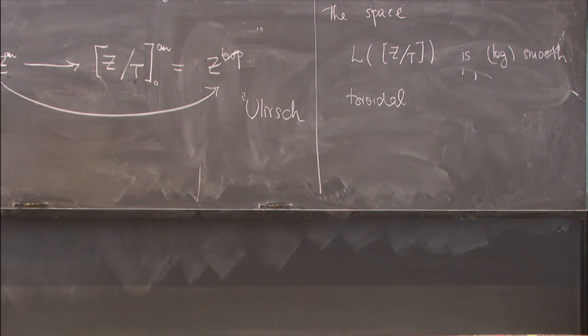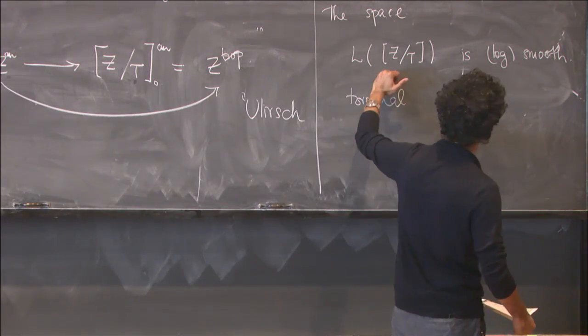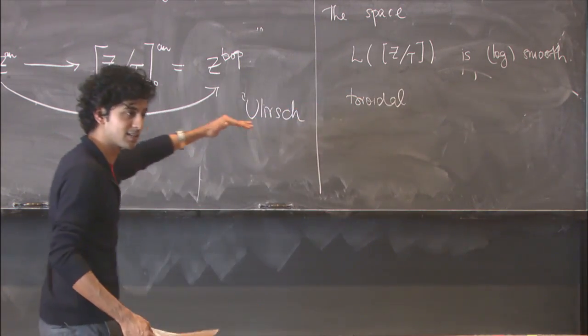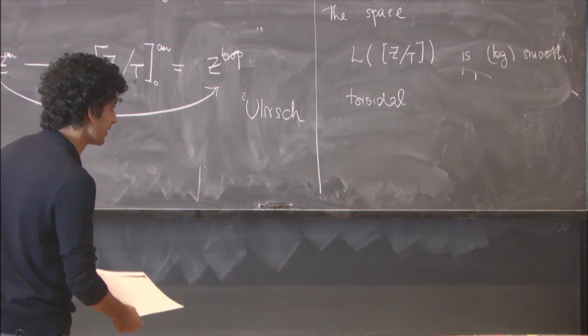So tropical realizability is always true, provided you're willing to say, okay, I'm mapping to this toric stack instead of this toric variety. And that's almost equivalent to the statement that the moduli space of logarithmic stable maps to Z mod T, to this Artin stack, is actually toroidal. It's as smooth as you're willing to get in this world.